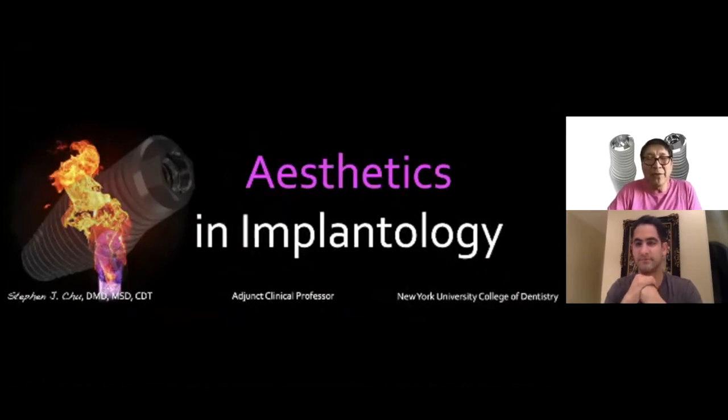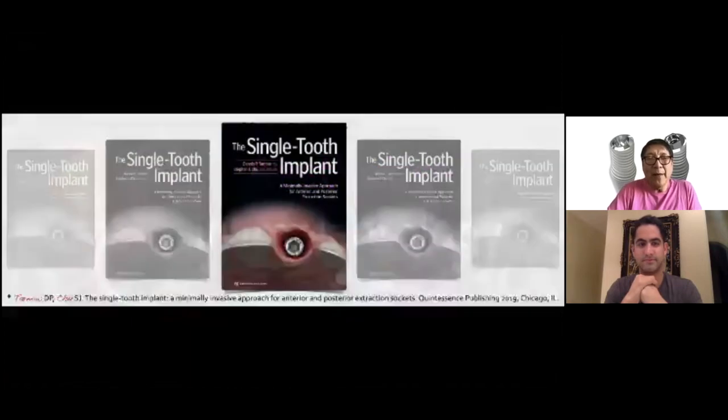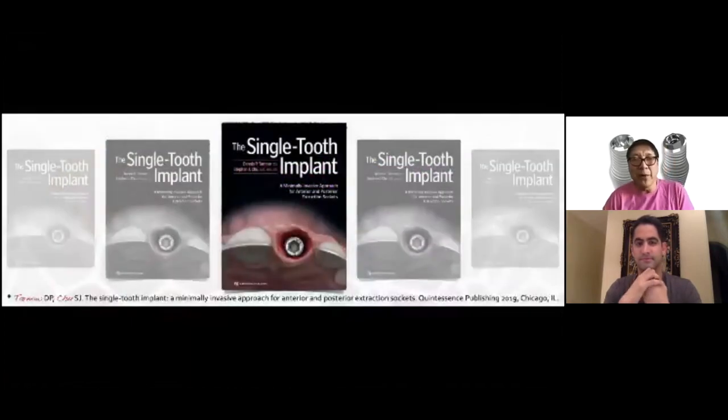As you mentioned before, we just published this book with my partner, Dennis Tarnow, on the single tooth implant, but more importantly it talks about how to take on the single tooth in a more minimally invasive approach, meaning immediate tooth replacement therapy, or as Joe Kan would say, immediate implant and immediate provisional restoration.